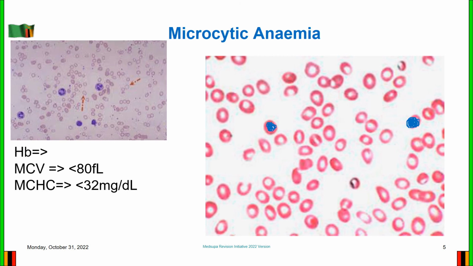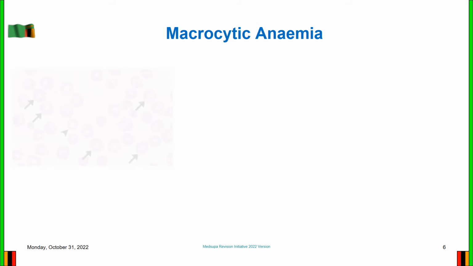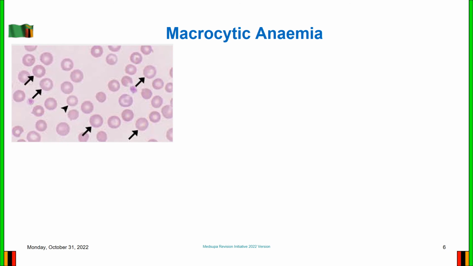A take-home message: whenever you find microcytic, expect to have hypochromic. You're not going to find microcytic hyperchromic or microcytic normochromic. What you're going to find is microcytic hypochromic. These are good questions for multiple choice questions.